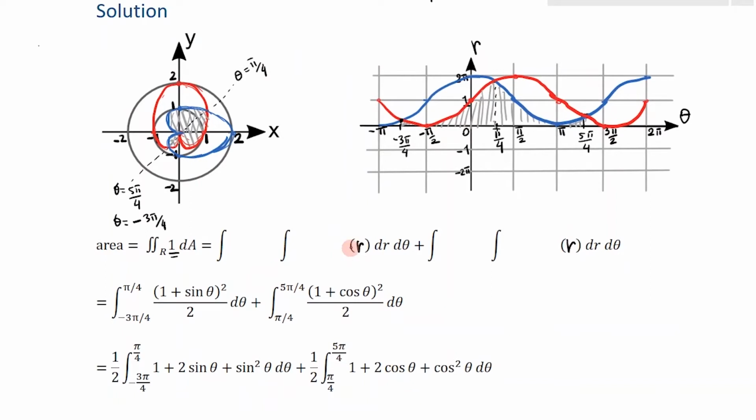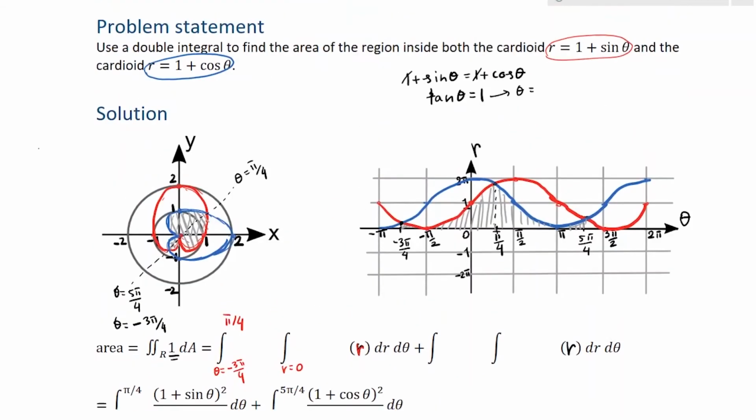Let me actually draw it in red. So theta will go from -3π/4, this, to π/4. R will go from 0 to this red curve, which I forgot which one.